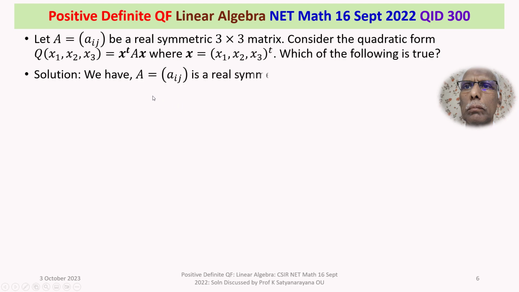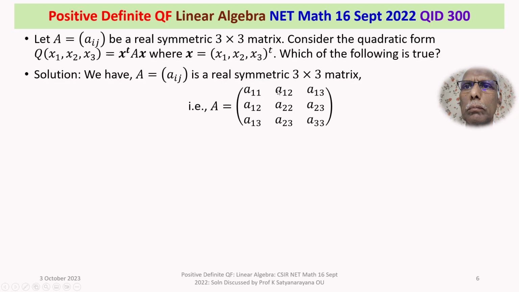We have capital A, whose ijth entry Aij, a real 3 by 3 symmetric matrix. That is, A is equal to the first row A11, A12, A13, second row A12, A22, A23, because it is symmetric, Aij is equal to Aji, and the third row is A13, A23, A33. The entries are real numbers and it is a symmetric matrix.